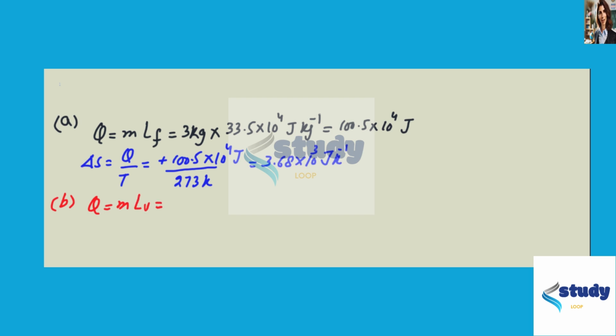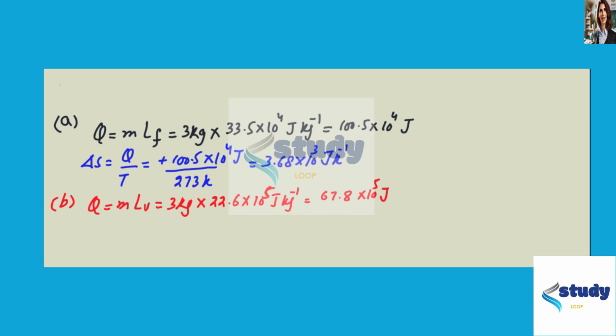Here mass of water is 3 kg and latent heat of vaporization of water is 22.6 times 10 to the power 5 joule per kg. This gives us Q equal to 67.8 times 10 to the power 5 joule.